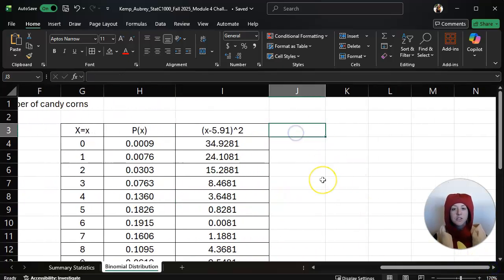Okay, so if you remember now, our formula for this, eventually we'll take the square root, but we need the sum of the products, where we're looking at this column, so the x minus the mean or expected value squared, and we're multiplying that by the probability here.